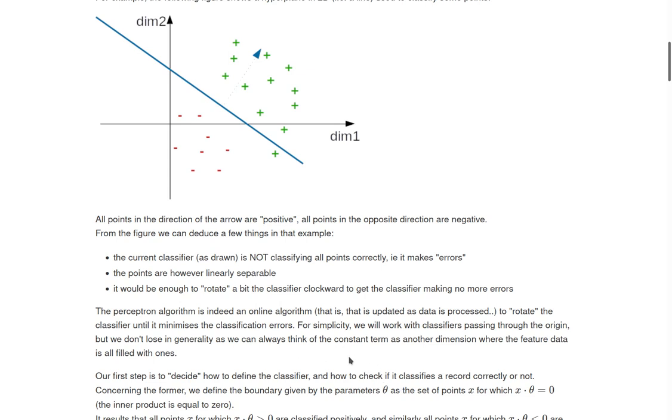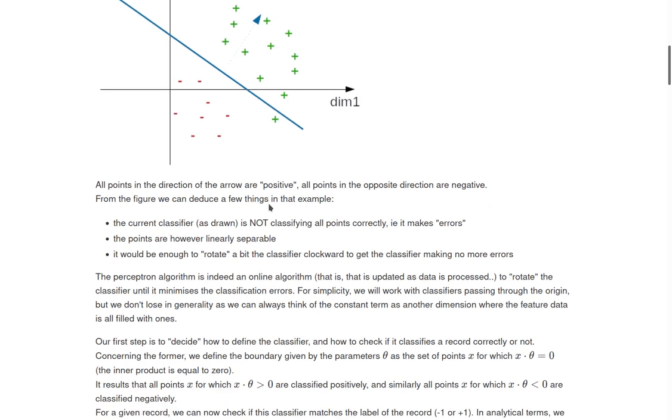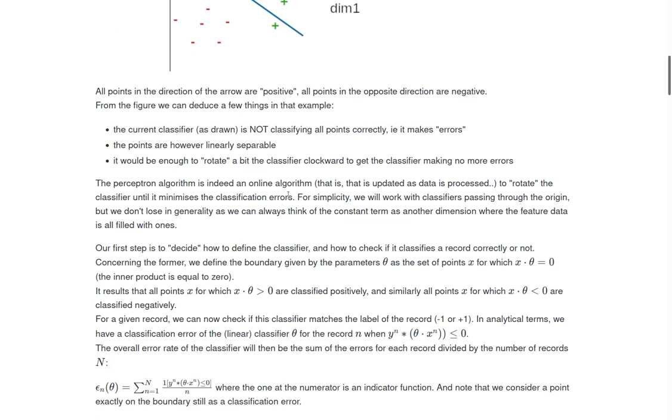What we are going to use here is not very efficient, because we will have to modify the feature data every time, to add a column of ones to represent the constants. Or you can work with an algorithm where the hyperplane is made by the parameters plus the constants. We will use the first method here for simplicity.